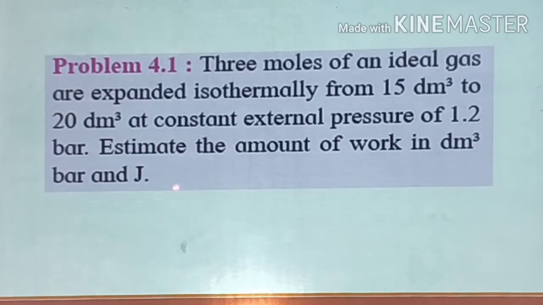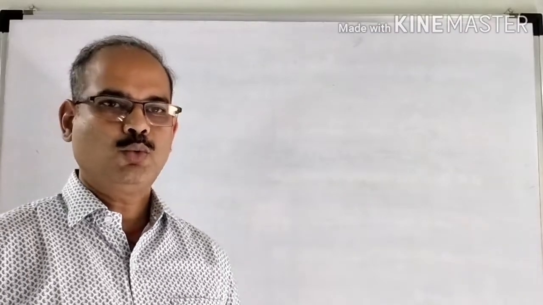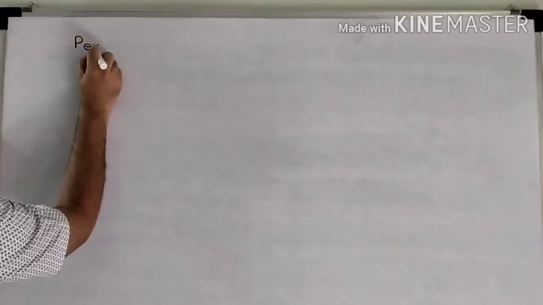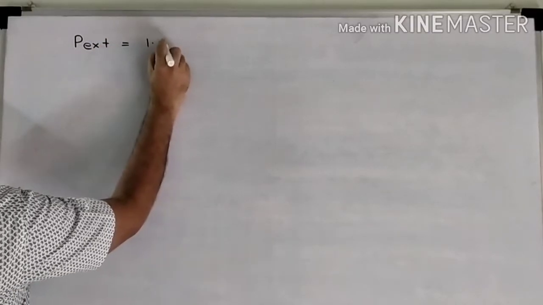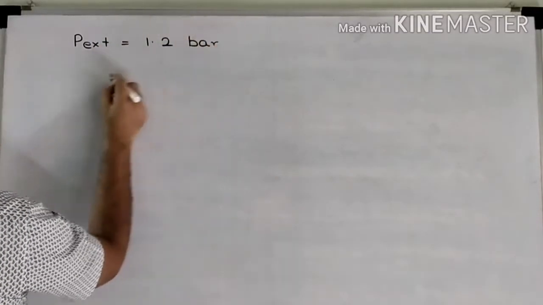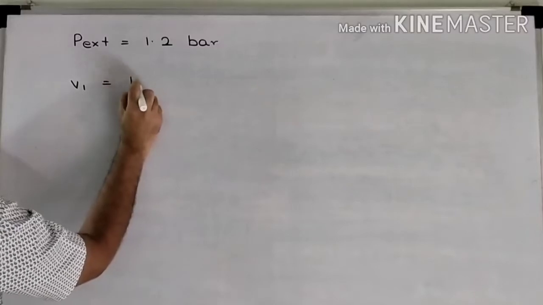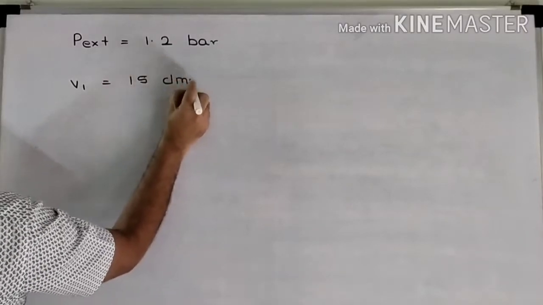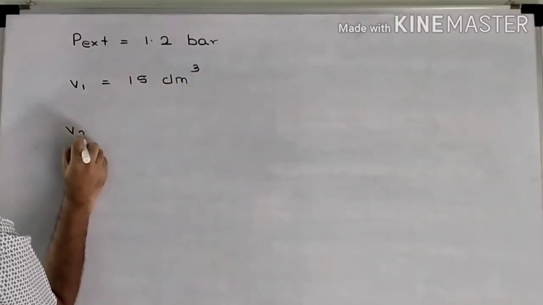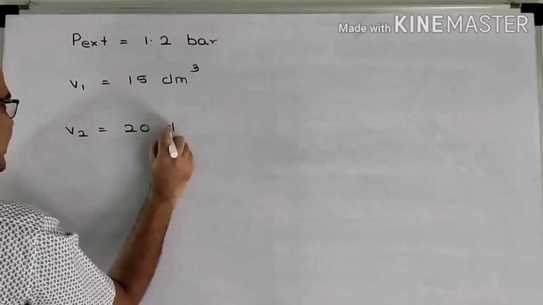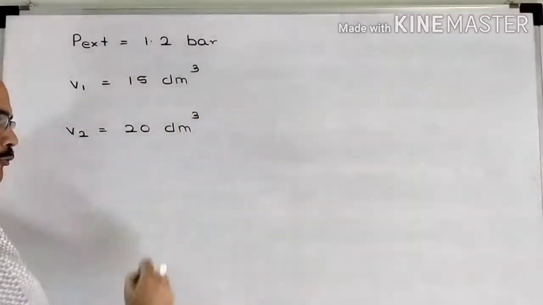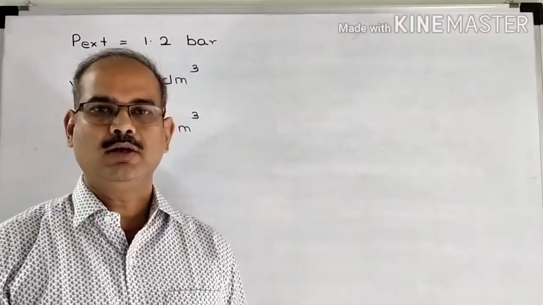See how you are going to solve this problem. So what is the data given in the problem? P external is 1.2 bar, initial volume 15 dm cube, final volume 20 dm cube. Though the number of moles is given, I do not need the number of moles.